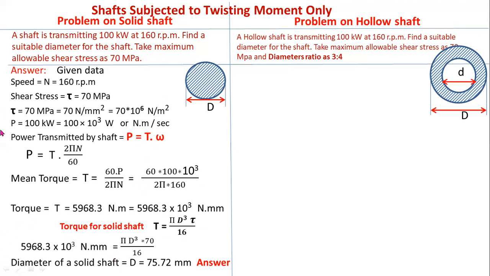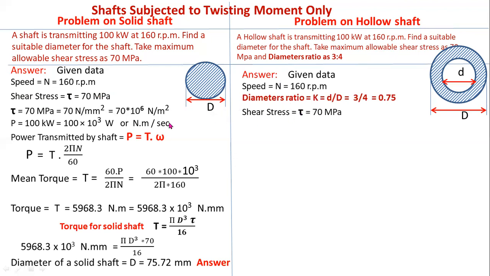Now you have to apply the same procedure for the hollow shaft. The given data are the same for solid shaft and hollow shaft, but for the hollow shaft you have to consider the diameter ratio. K equal to inner diameter by outer diameter.